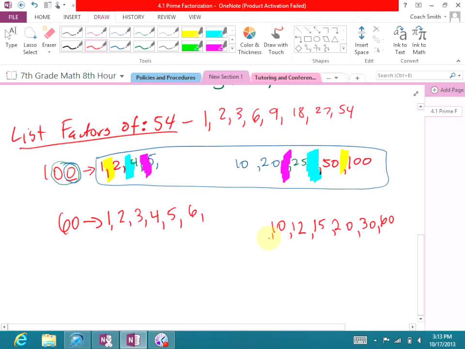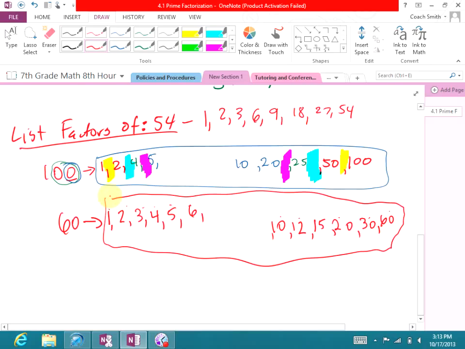Okay. Any others? Yes, there's 12. We've already got 12. So there's 1, 2, 3, 4, 5, 6, 7, 8, 9, 10, 11, 12. So that's all of your factors. Okay? So that's listing the factors.